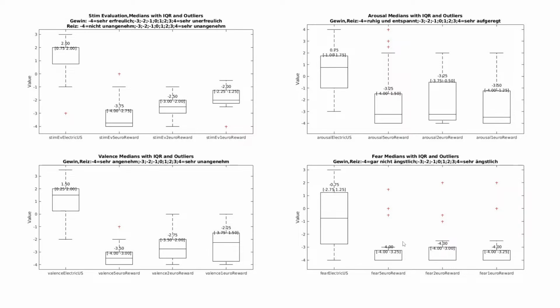What we can say is that for fear, €5, €2, and €1 rewards cause the same level of fear, and actually the money causes mostly the same level of arousal. The data graphics are represented as medians and interquartile intervals.